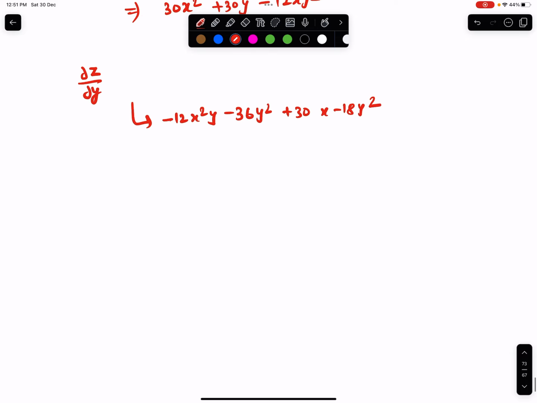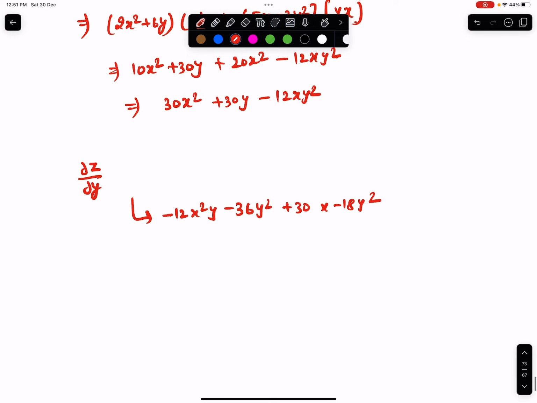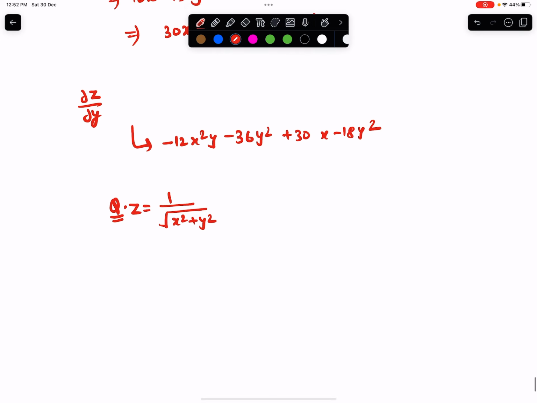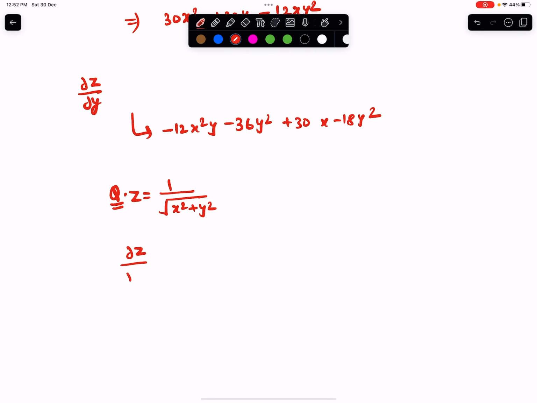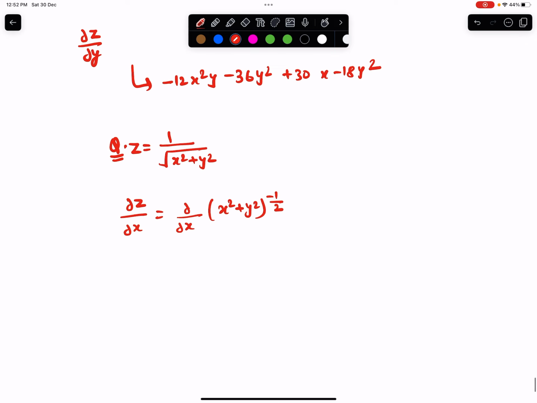Now let's solve one or two more important questions. We have to differentiate 1 by root of (x² + y²), z equals this. So ∂z/∂x is equal to ∂/∂x of (x² + y²) raised to the power minus 1 by 2.